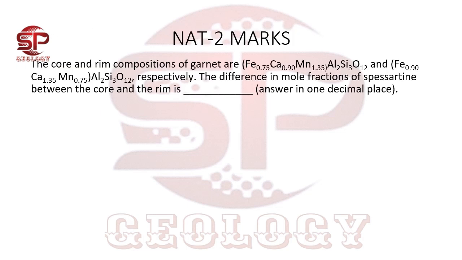Now the core and rim composition of garnet are given. So core composition is given Fe 0.75, Ca 0.90, Mn 1.35, Al2Si3O12.